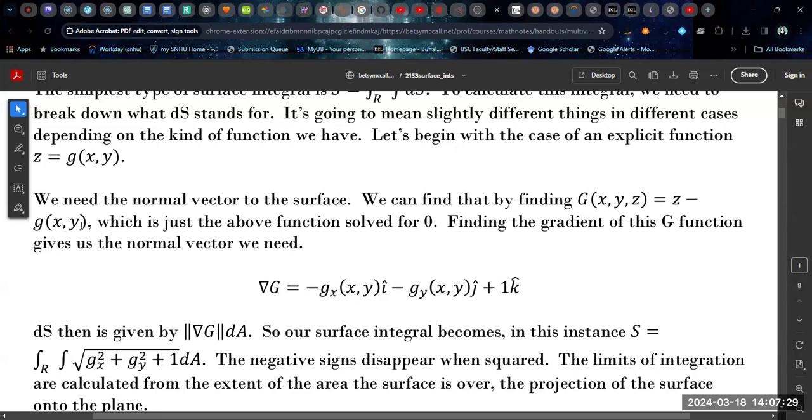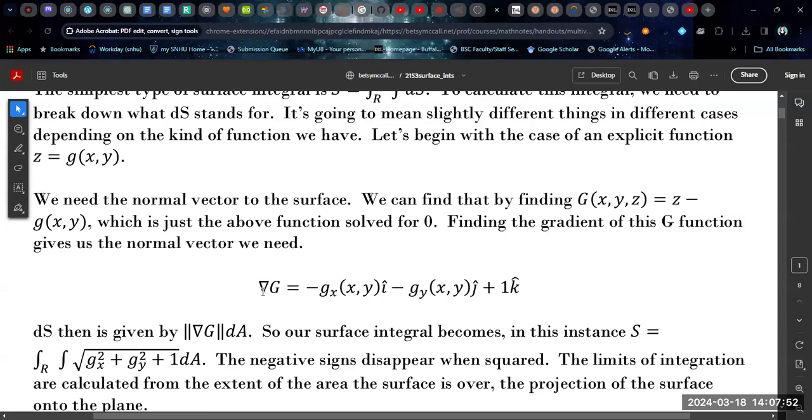We can't just take a sphere and find the gradient of that implicit function. We would need to solve for z first and then move everything to one side of the equation. That would get us our big G, and then we could find the gradient of that for this application.